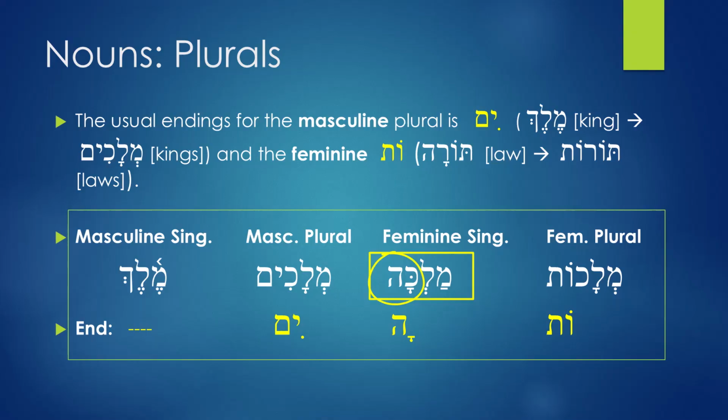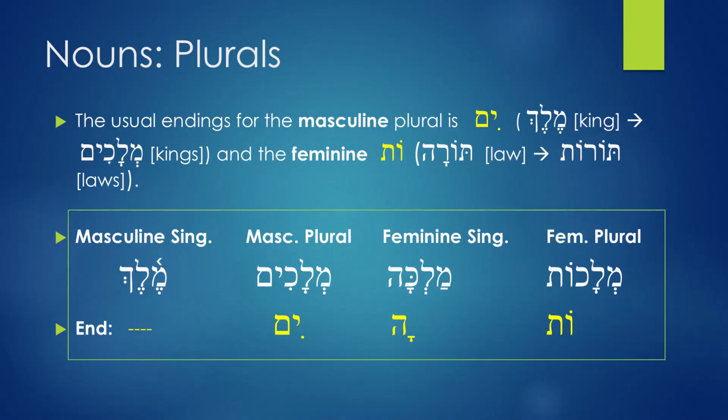And number two, it's going to give you the number of a word. It's going to tell you that the word you're looking at is singular. It's not queens, but queen. Because that ending is a singular ending. So knowing the endings of words is very important. So know the endings for the masculine and for the feminine, the singular and the plural.